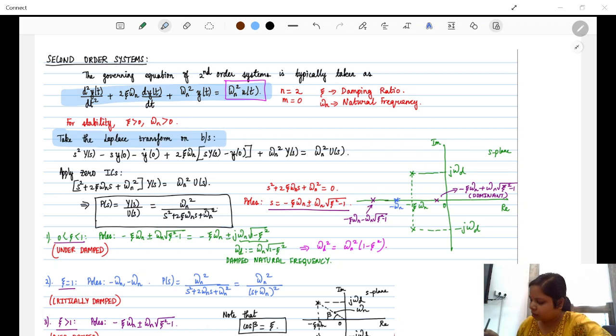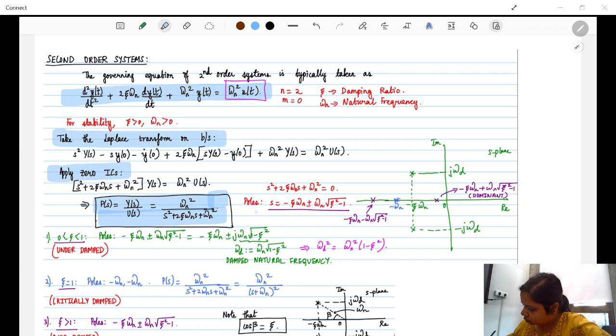Because you need to find the transfer function, you took the initial conditions to be 0. The transfer function that you got for the system was of this kind: omega n square upon s square plus 2 zeta omega n s plus omega n square. So this was the transfer function you found for the system, Y(s) upon U(s).